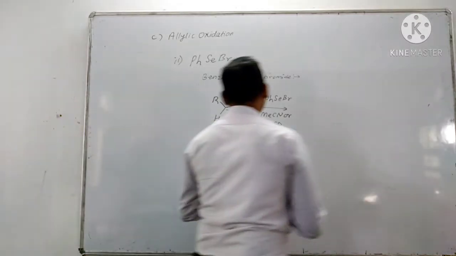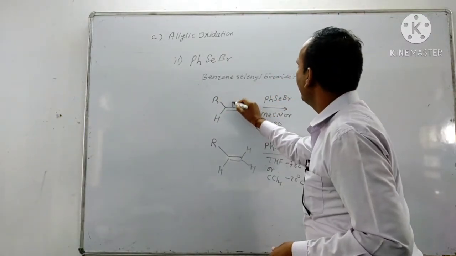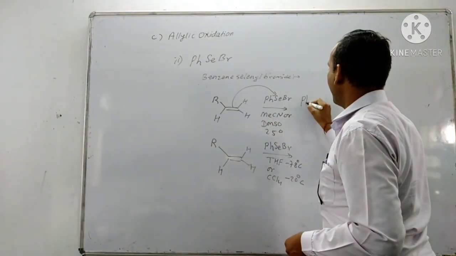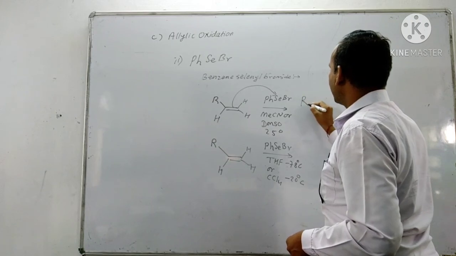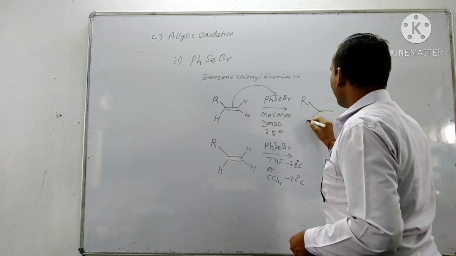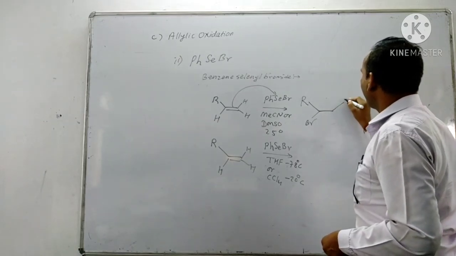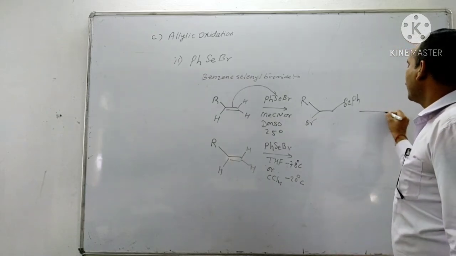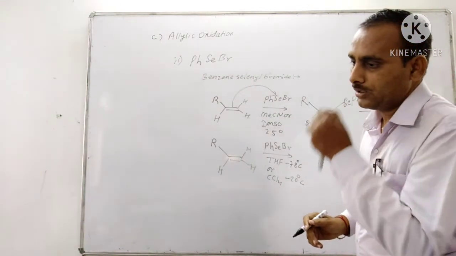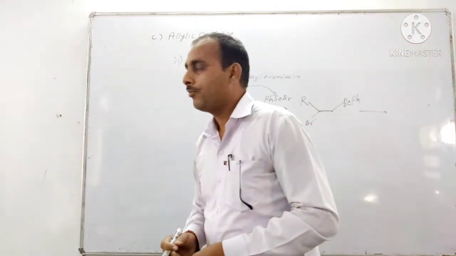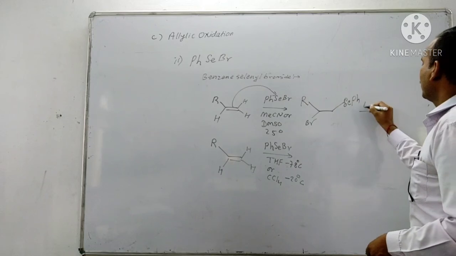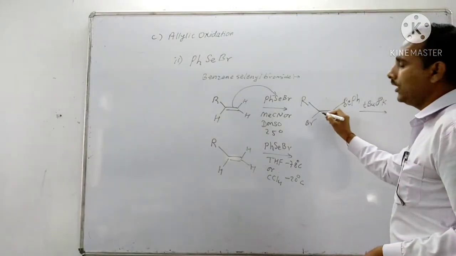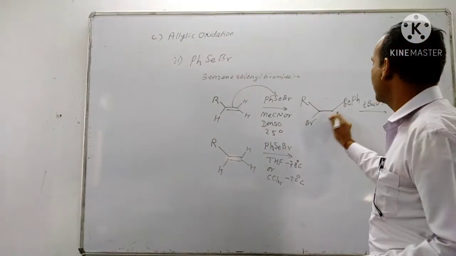Then the addition: here this attacks on the selenium, Br minus is eliminated and Br minus attacks on this carbocation. So there is formation of R, Br, SePh, and if potassium tertiary butoxide is used, then the elimination reaction takes place.